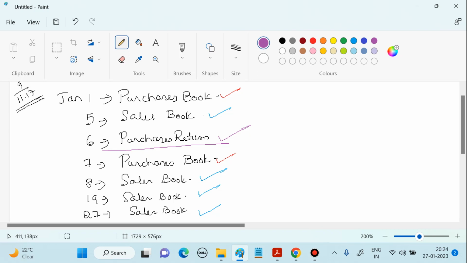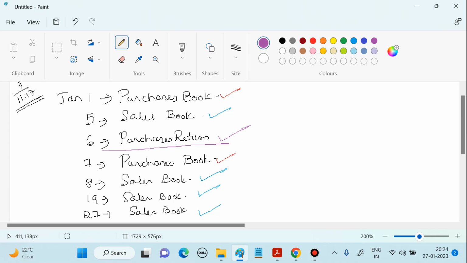This is how questions can appear in the exam. You just have to read carefully. In case there is a cash purchase or cash sale in between, ignore it. If there is a credit purchase or credit sale of a fixed asset, ignore it and write a note for that.